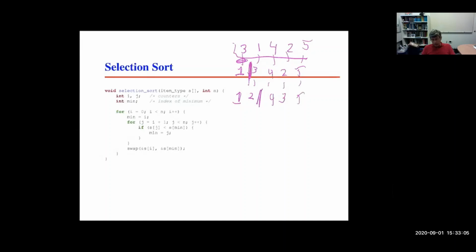It then goes through the array again, finds the minimum, does a swap: 1, 2, 3, 4, 5. It asks which one is the minimum, keeps it where it is, and does the same thing with the last element, which is going to be in the right spot.